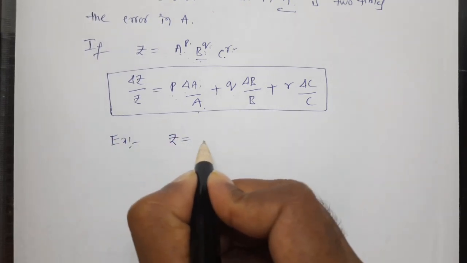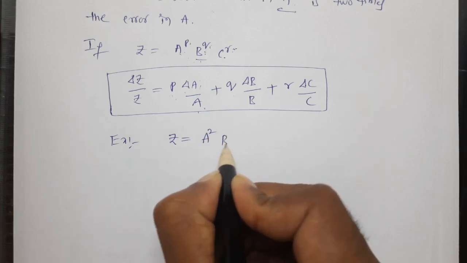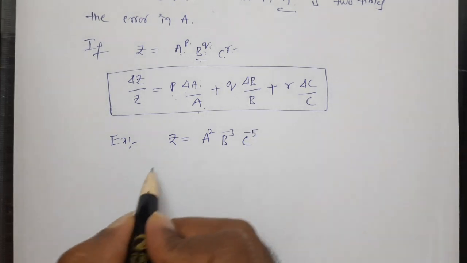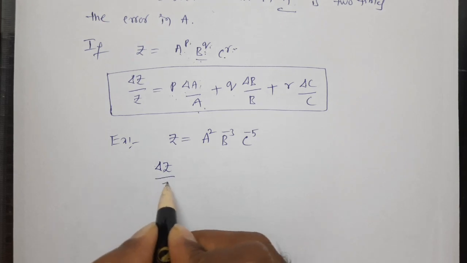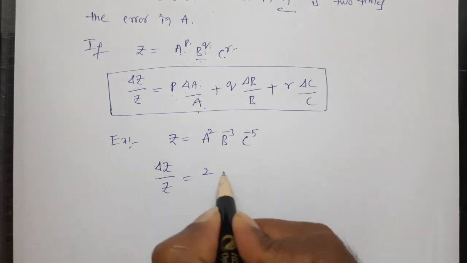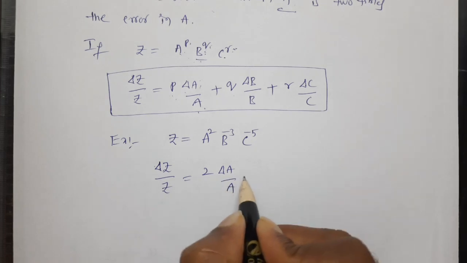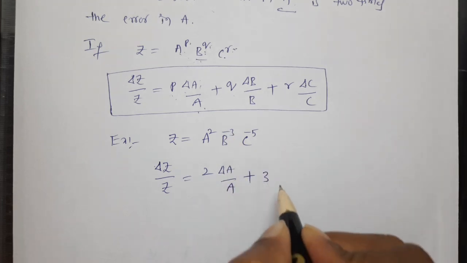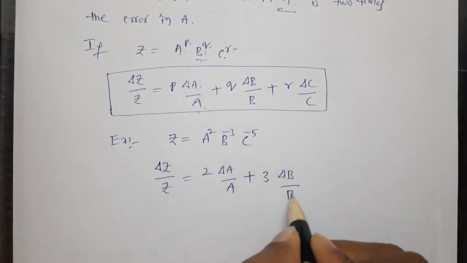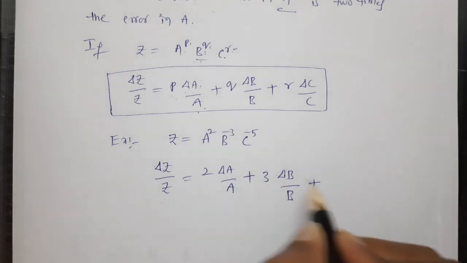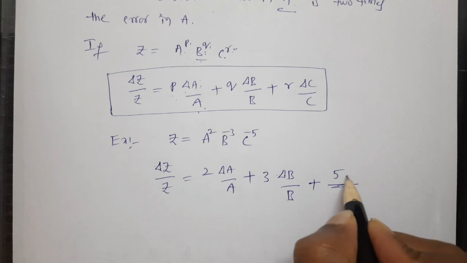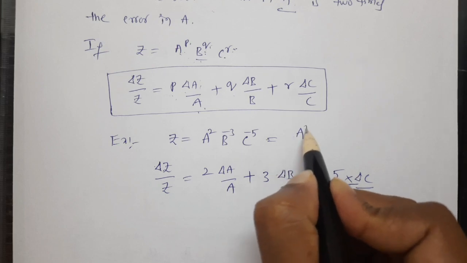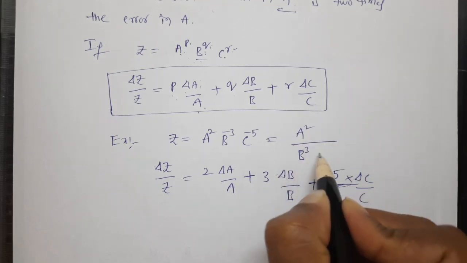z is equal to a power 2, b power minus 3, c power minus 5. Then how do we write the relative error in z? Delta z by z is equal to 2 into delta a by a, plus, of course we have power minus 3, but we are supposed to write plus 3 only, delta b by b, plus 5 into delta c by c, because this is equal to a power 2, b power 3, c power 5.